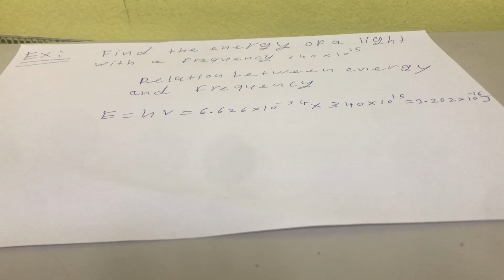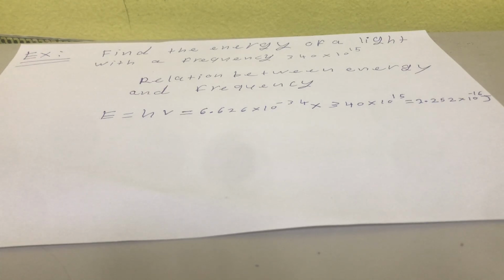Example, find the energy of a light with a frequency of 340 times 10 to the 15. Here we have a relation between energy and frequency, so we use the formula E equals HV, where H is Planck's constant.